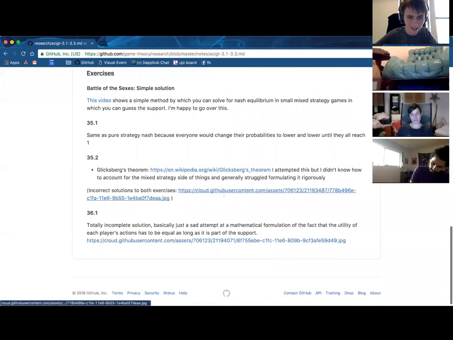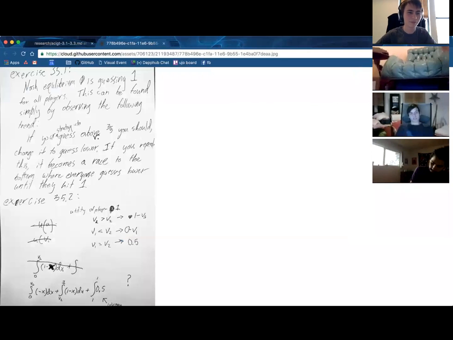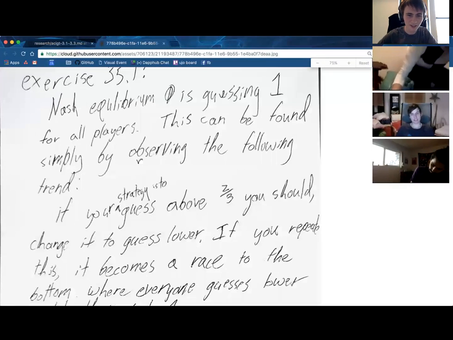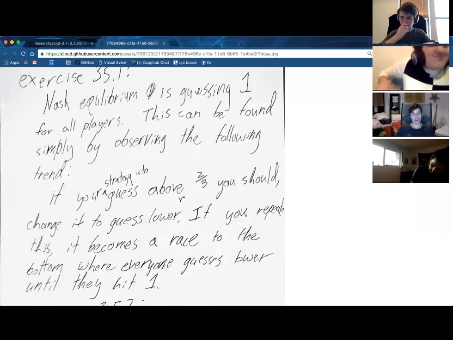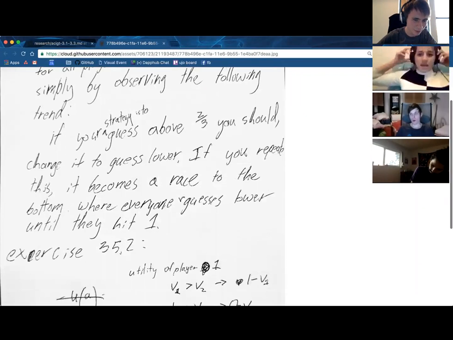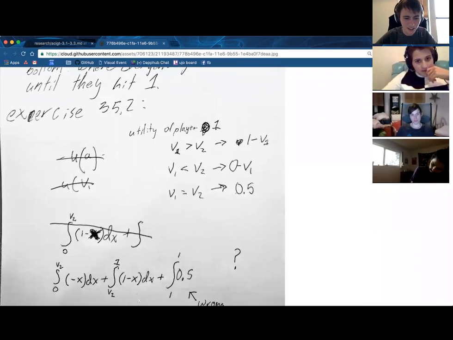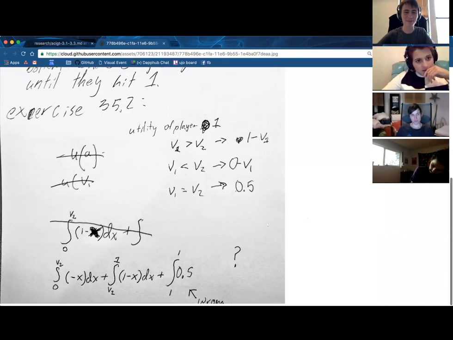So here is my solution to both 35.1 and 35.2. And we get to see my wonderful handwriting. Whoops, that's really zoomed in. Okay. So 35.1, I just kind of wrote English, but 35.2, I was very interested in having help. So I'm curious what you guys think about this.